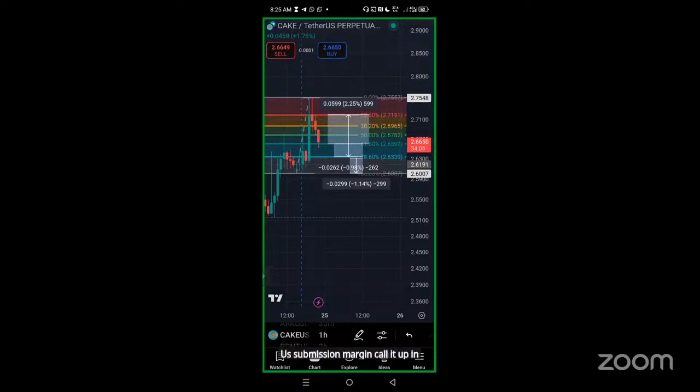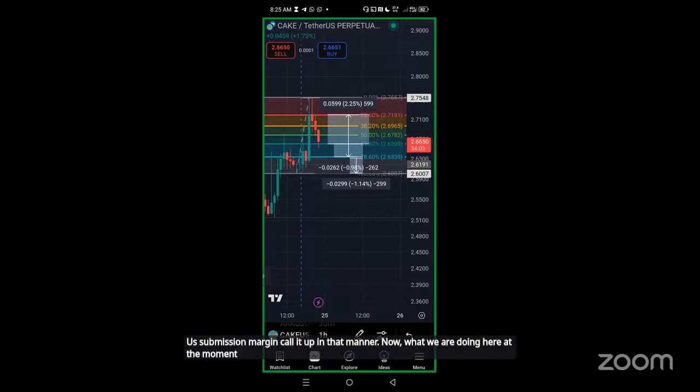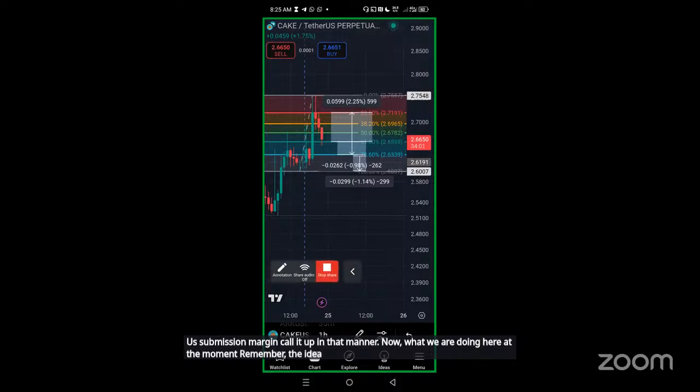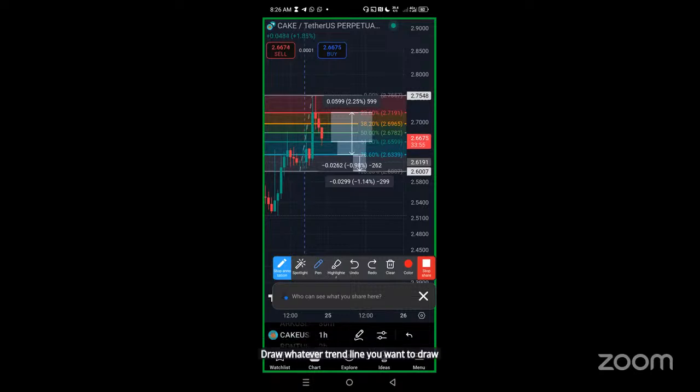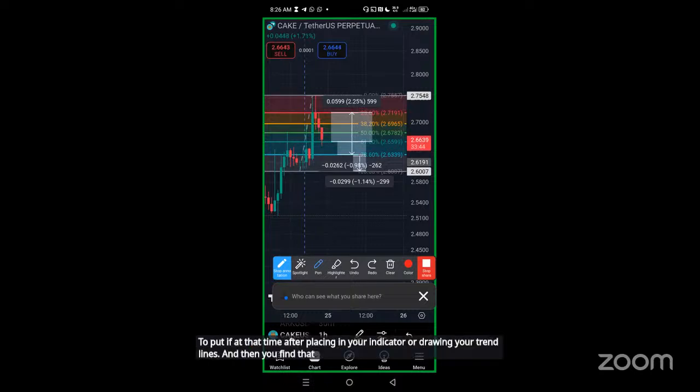Now, what we are doing here at the moment, remember the idea is you do your analysis, draw whatever trend line you want to draw, put in whatever indicator you want to put. If at that time after placing in your indicator or drawing your trend lines, you find that the direction of the market is still not very clear, it is okay.